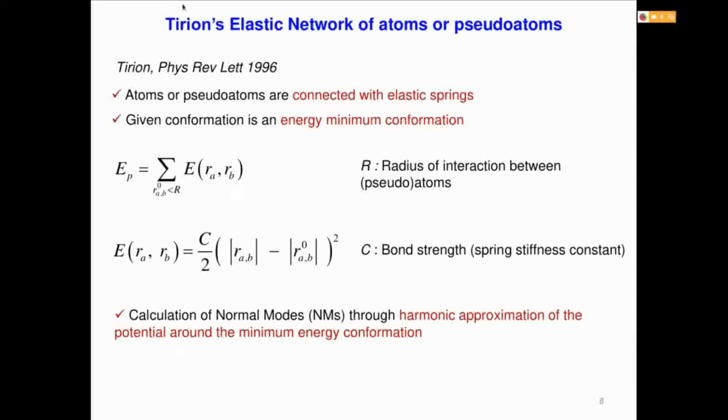In this Tirion elastic network model, we assume that the given conformation, which means the reference structure, is our energy minimum conformation. So there is no minimization of the energy, and the normal modes are computed through harmonic approximation of this potential around this reference structure that is at the minimum energy.